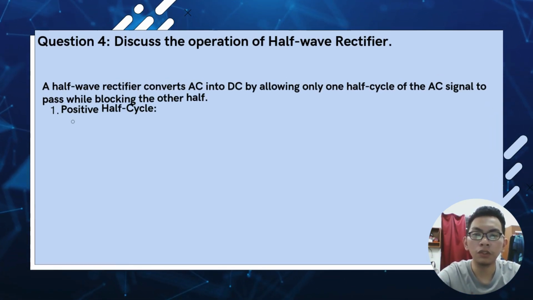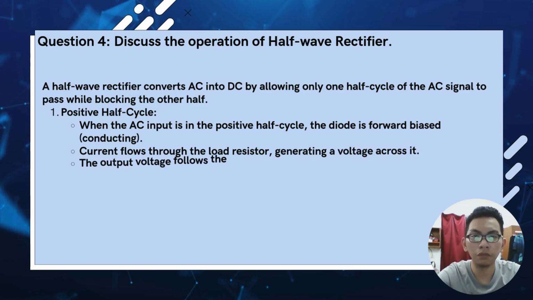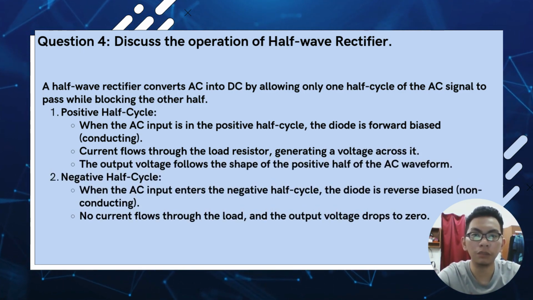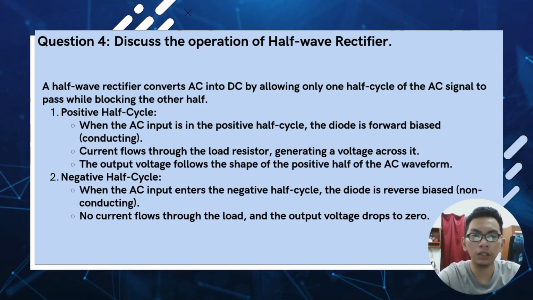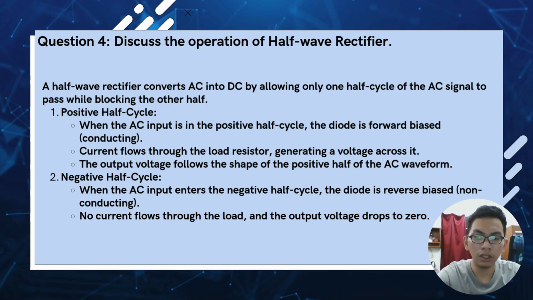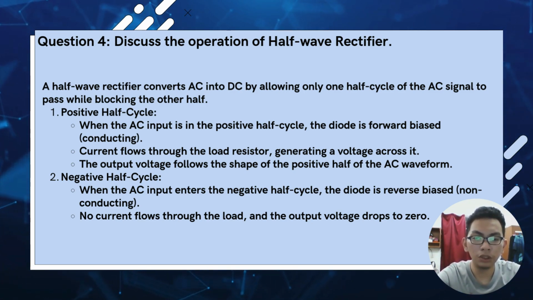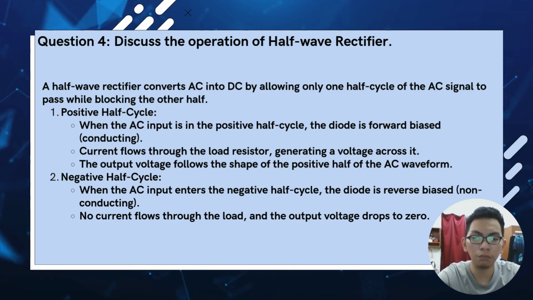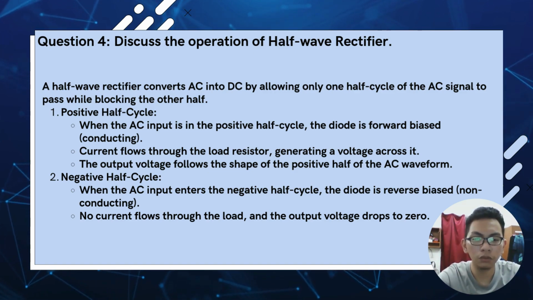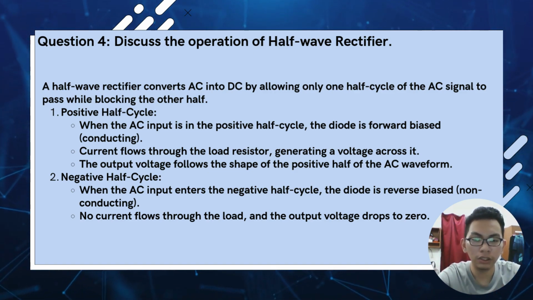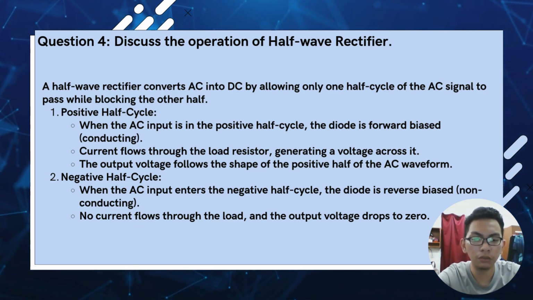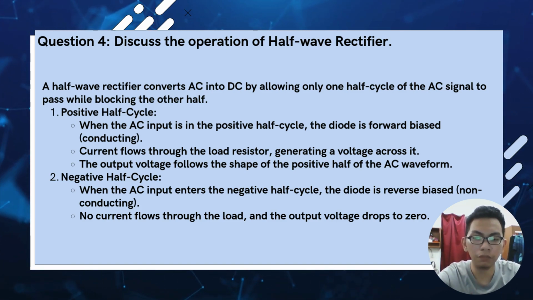For question 4, discuss the operation of the half-wave rectifier. A half-wave rectifier converts AC into DC by allowing only one half cycle of the AC signal to pass while blocking the other half. During the positive half cycle of the AC input, the diode becomes forward biased, allowing current to flow through the load resistor and generating an output voltage that follows the shape of the positive half of the AC waveform.